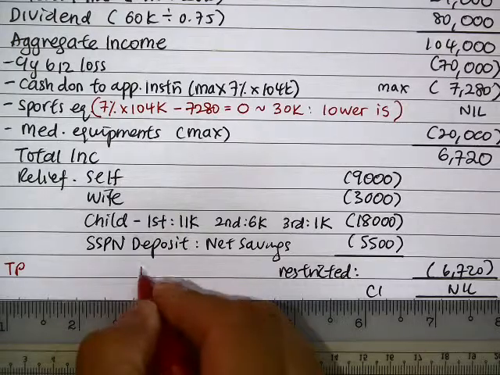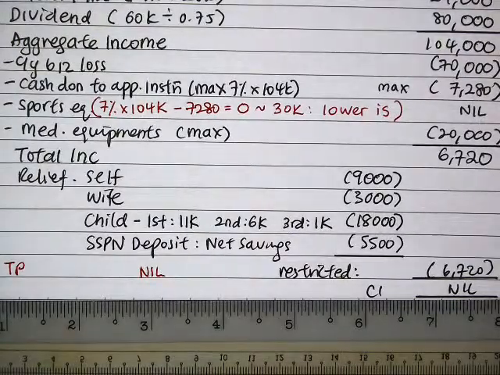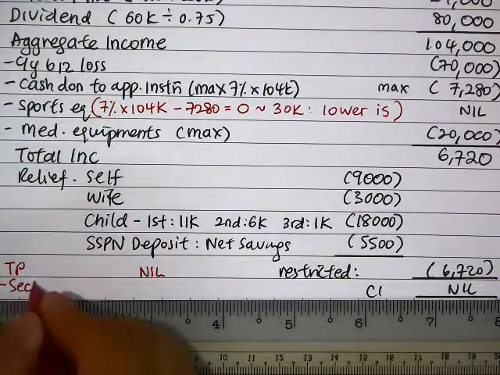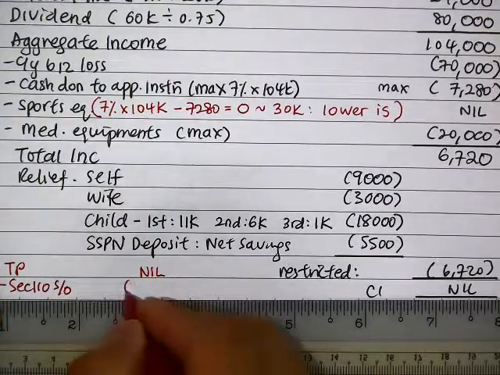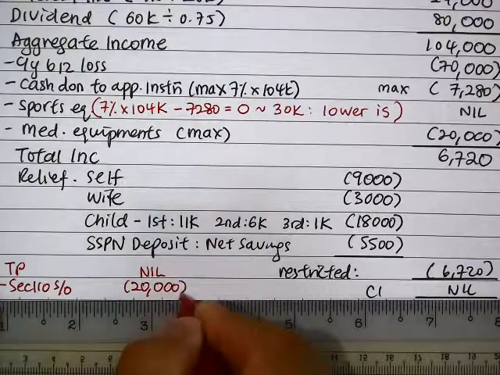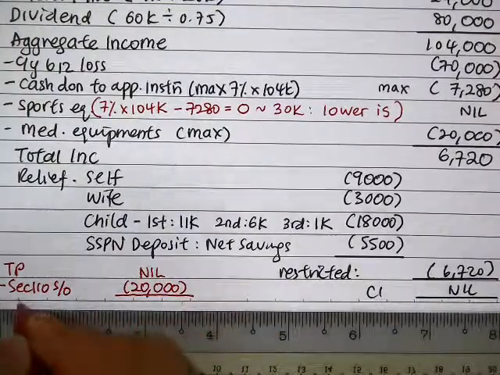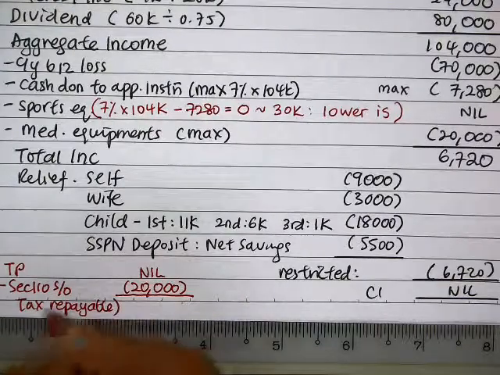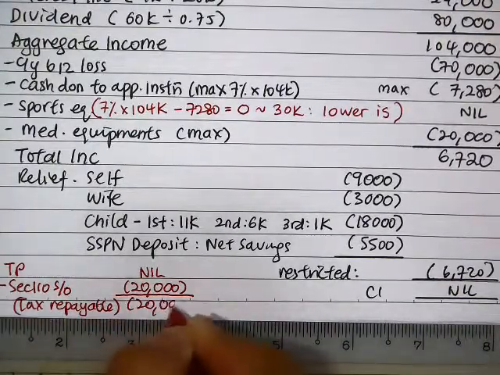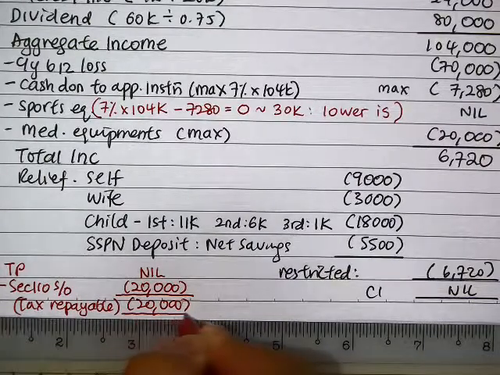Your tax payable is 0. But you still have your 110 set off, which comes from the dividend 20,000. So there will be a tax repayable $20.